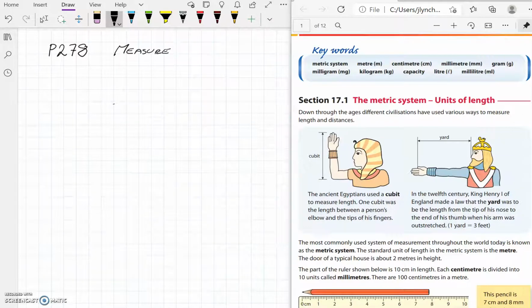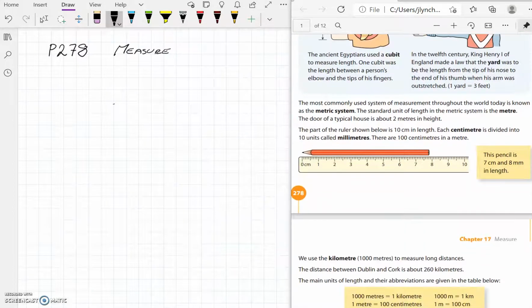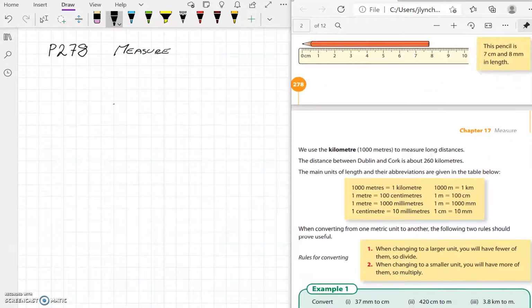If we look here, you can see the metric system. This pencil is 7 centimeters and 8 millimeters in length. So if you look along, you will see 1 centimeter is comprised of 10 millimeters, which is down in the table below.